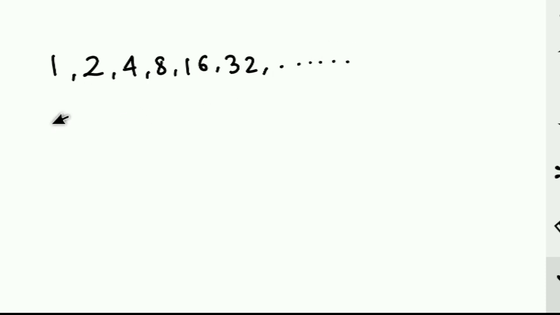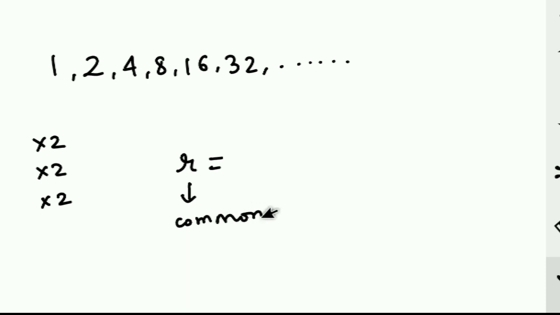This process can be continued. What I am doing here is multiplying the first term by 2, then the second term also by 2, then the third term also by 2. So what I can say is our common ratio r is 2. What is this common ratio concept?